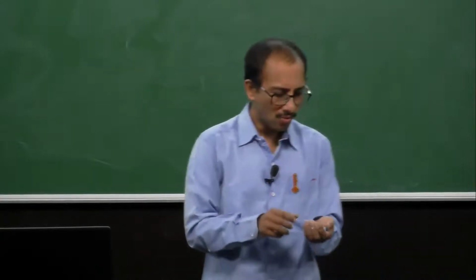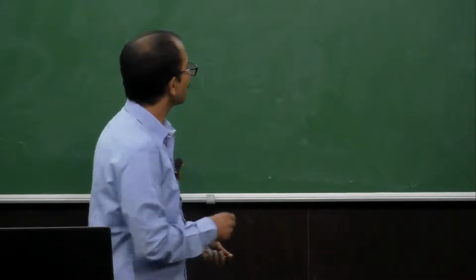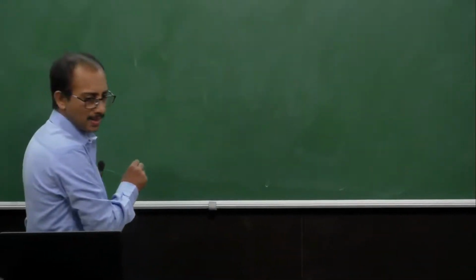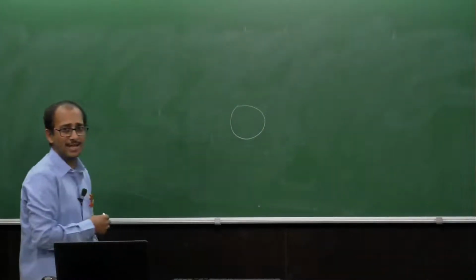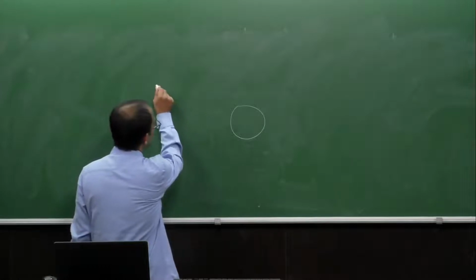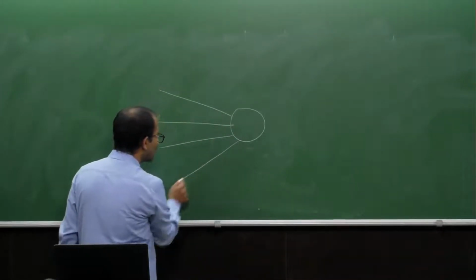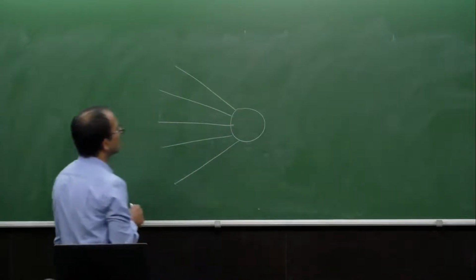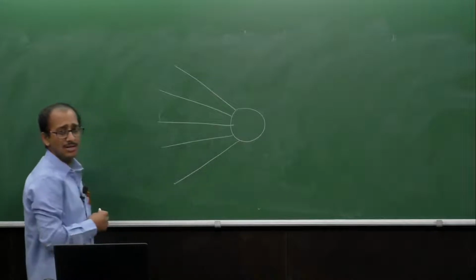Now when we come to our context, we have a mathematical neuron, which is easy to draw. We have several inputs to this. What are all these inputs in the mathematical neuron?